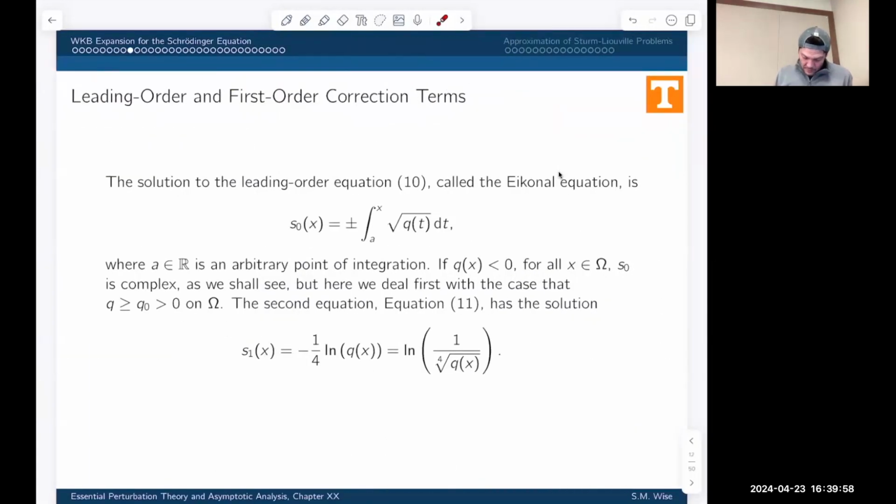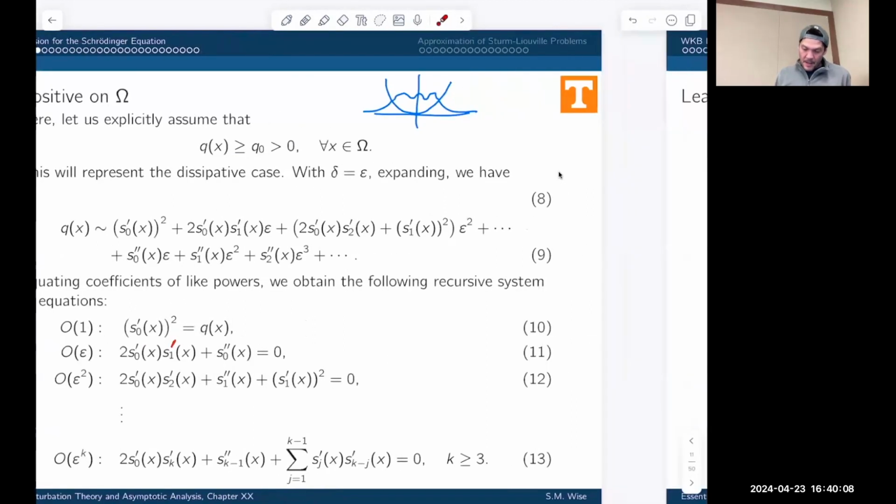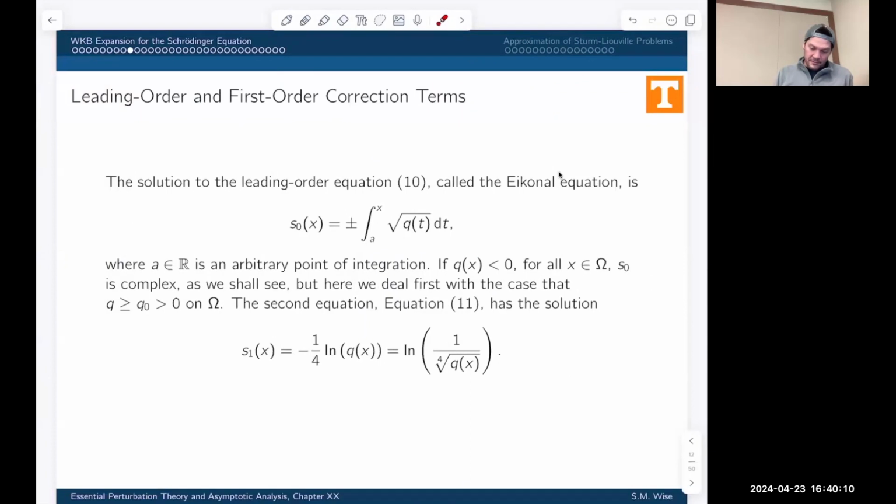So what do we get? S naught prime, that's the first thing we need. 2 S naught prime. S1 is unknown, and we need the second derivative of S. What do we get when we take one derivative of S naught? We have to keep the plus or minus. We just get the square root of Q of X, right?